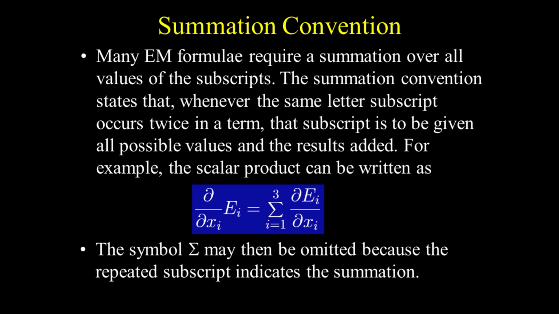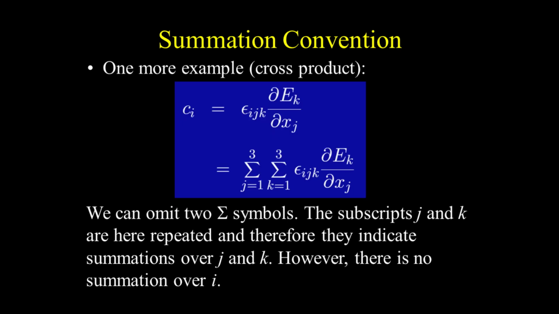The summation symbol may then be omitted because the repeated subscript indicates the summation. Here's one more example, the cross product. We can omit the two summation symbols. The subscripts j and k are repeated here, and therefore they indicate summations over j and k. However, there is no summation over i.